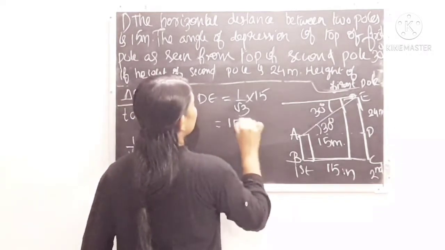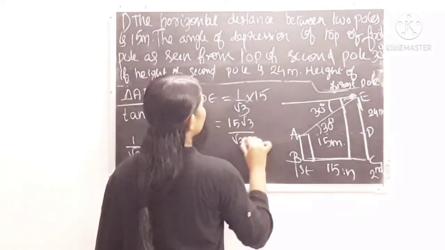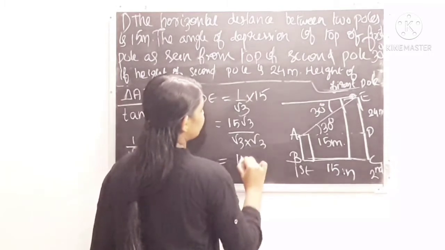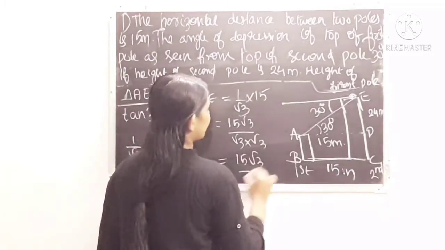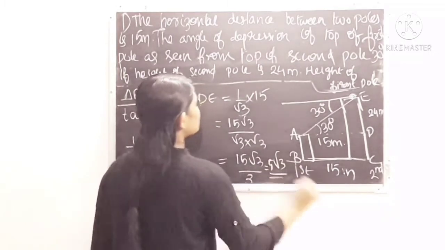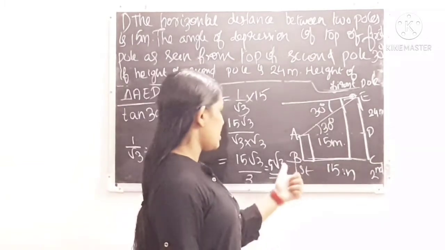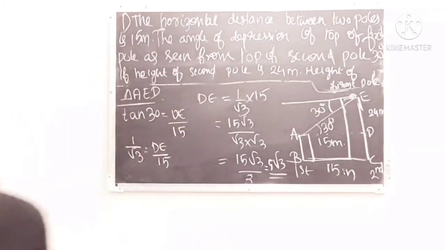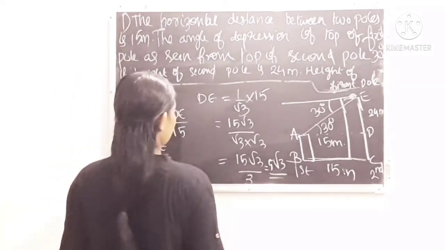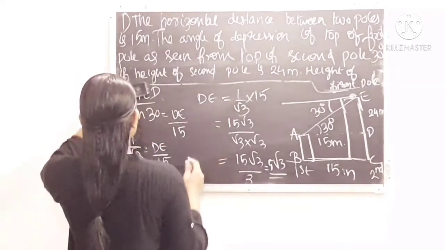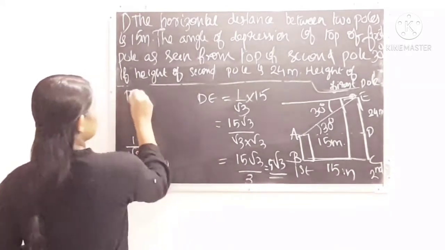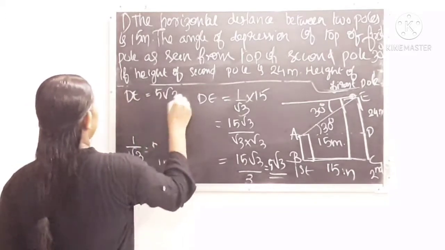That means 15 root 3 divided by root 3 into root 3, which is equal to 15 root 3 divided by 3, and that is equal to 5 root 3. So we get the length of DE as 5 root 3.